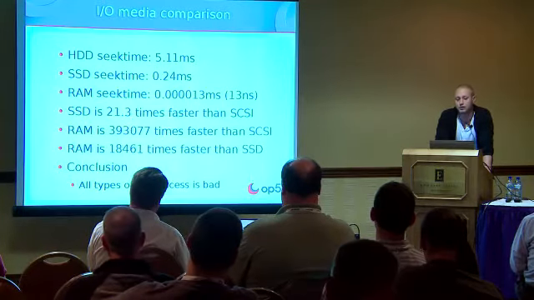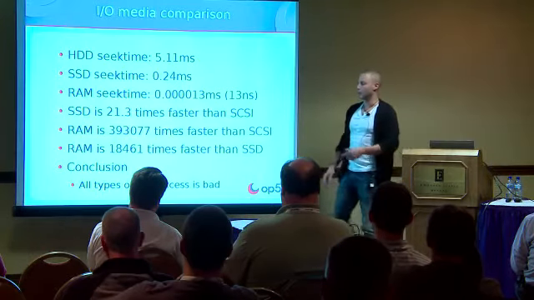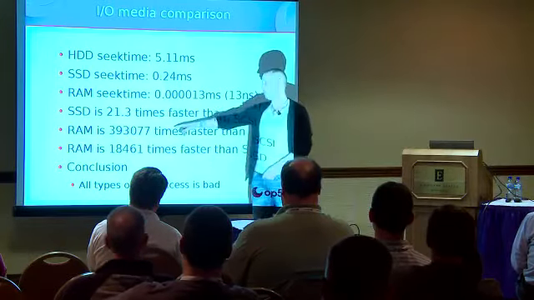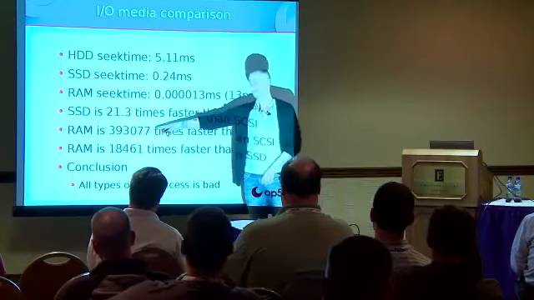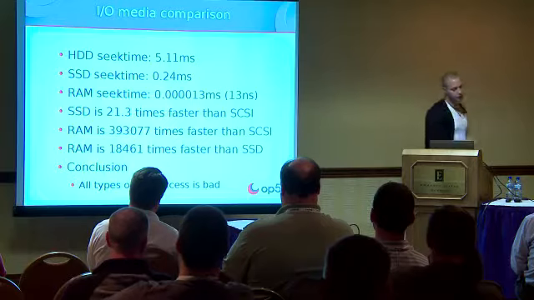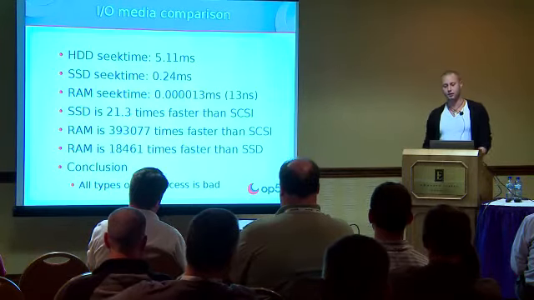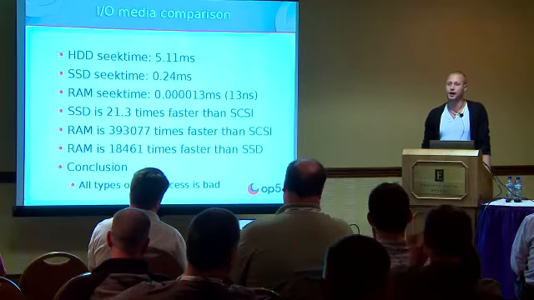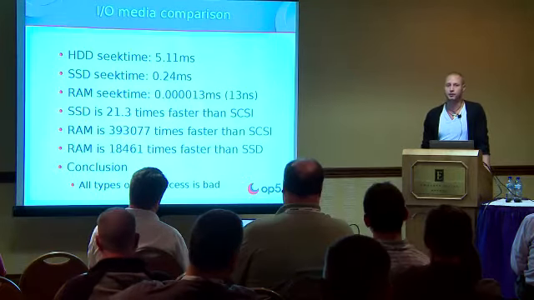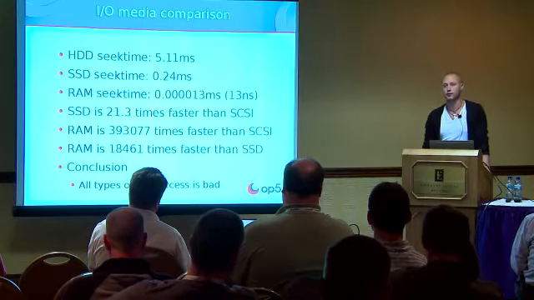I tried to make a graph of this, but it turns out that RAM will never ever show up because it's 400,000 times faster than hard drives. So the conclusion we can draw here is that all types of disk access is really, really bad. When we need to go down to the disk to do anything, we lose instantly because it's 400,000 times slower than doing it in memory.